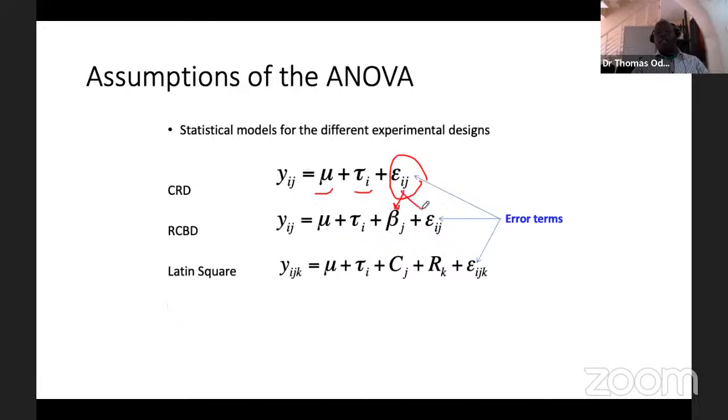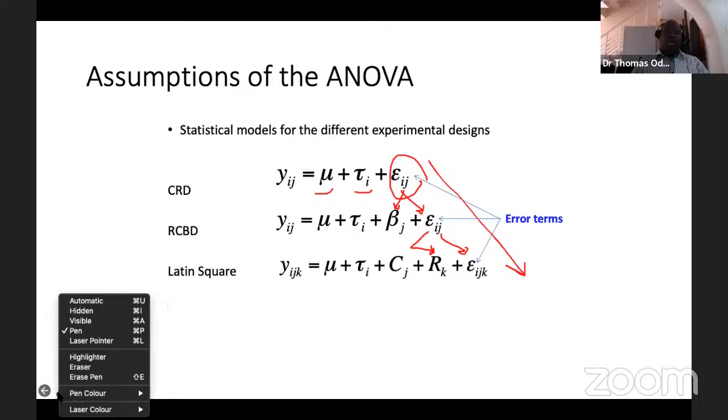We saw 2 different types of RCBD. And then for Latin square, part of your error will now go into an extra block that comes in. So in this case, you also expect that the residual will reduce as you move down the line.